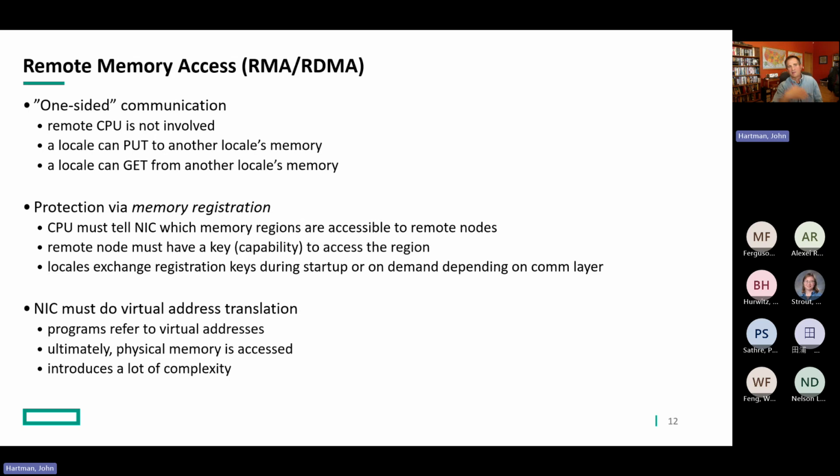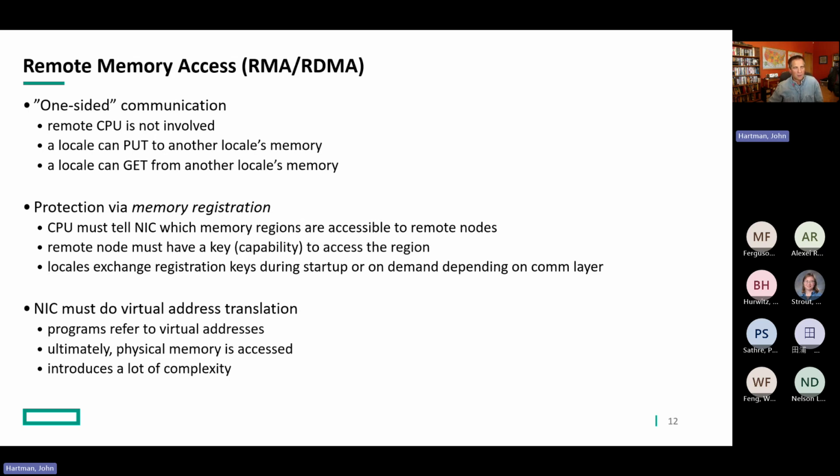So you may not want to make all of your memory accessible via gets and puts, but maybe just some small part of it. All right. So for example, up here with my get and put in the argument bundle, the node that has the argument bundle has to tell the NIC, hey, it's okay if somebody reads this argument bundle for me, if somebody does a get on it. And so that way we can at least limit which portions of our memory other nodes can mess with and can view.